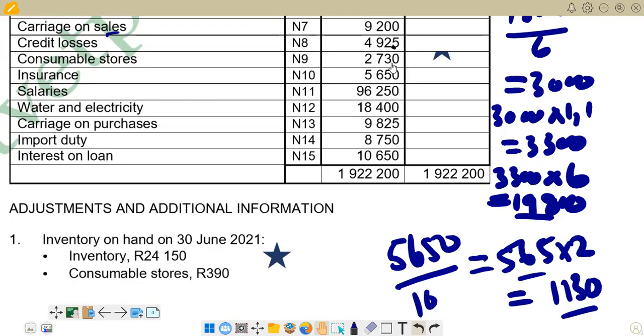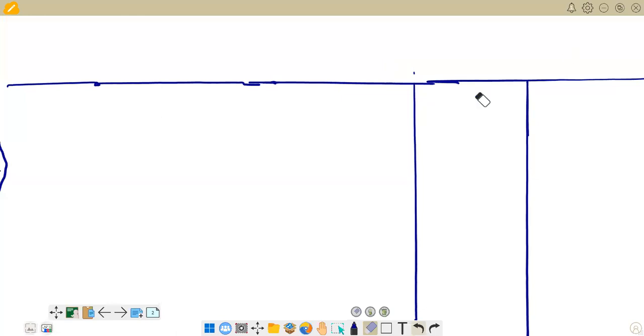If you go back there, you'll see. So for the figure for salaries, we are just going to say salaries, and we put that figure that we have in the list of balances, that is 96,250.